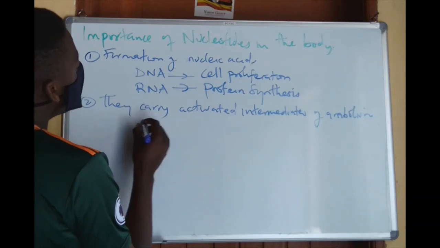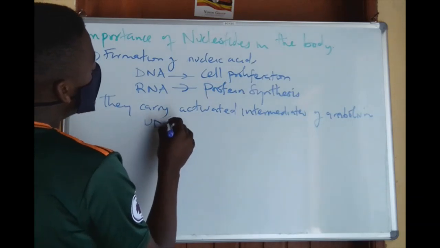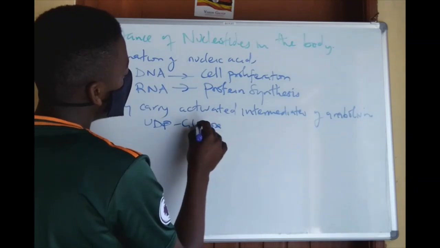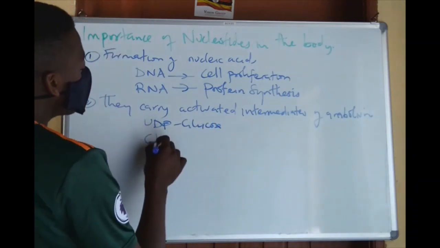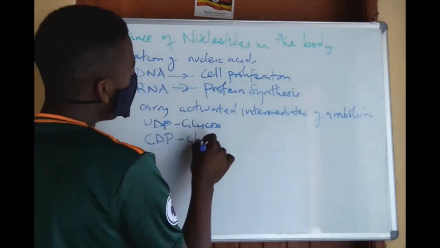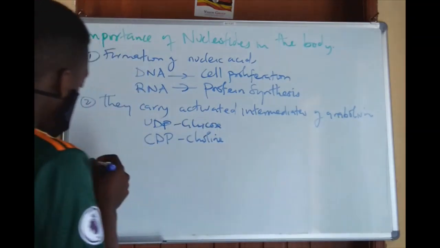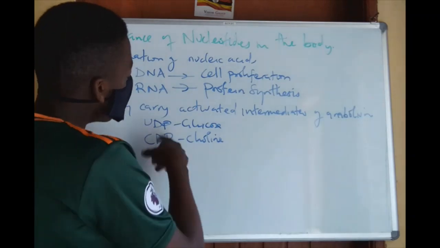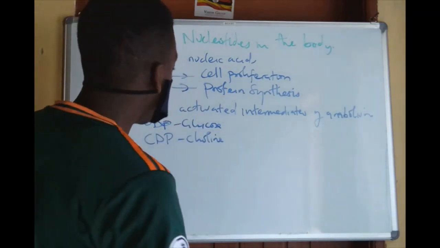For example, here we can talk about UDP-glucose and CDP-choline. You can see this is a nucleotide, cytosine, uracil. These are the phosphonucleosides.